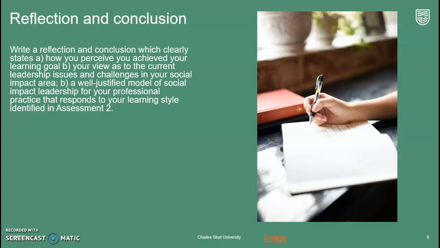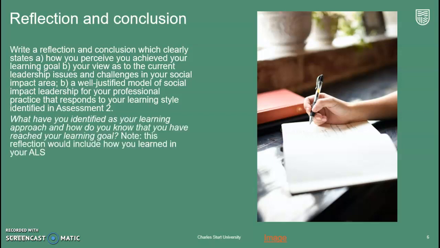So in Assessment 2 you did a reflection and you talked about how you learn. So your approach to learning, not so much a style but an approach to learning. So what have you identified as your learning approach, and how do you know that you have reached your learning goal? So this reflection would include how you learned, as I said, in your action learning set.